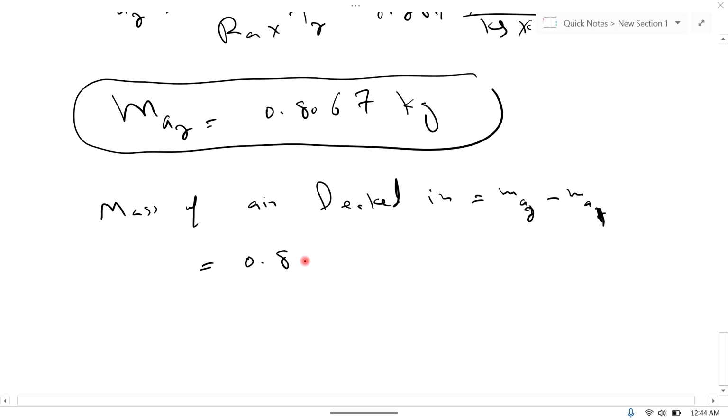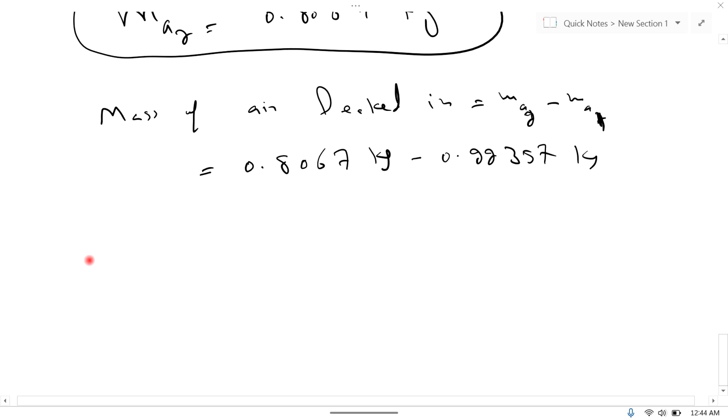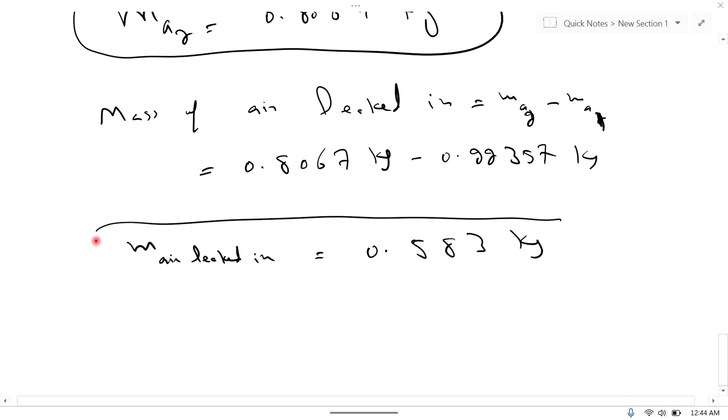So 0.8067 kilogram finally and 0.22357 kg initially. So mass of air leaked is equal to 0.583 kilogram. Now we are finding mass of vapor condensed.